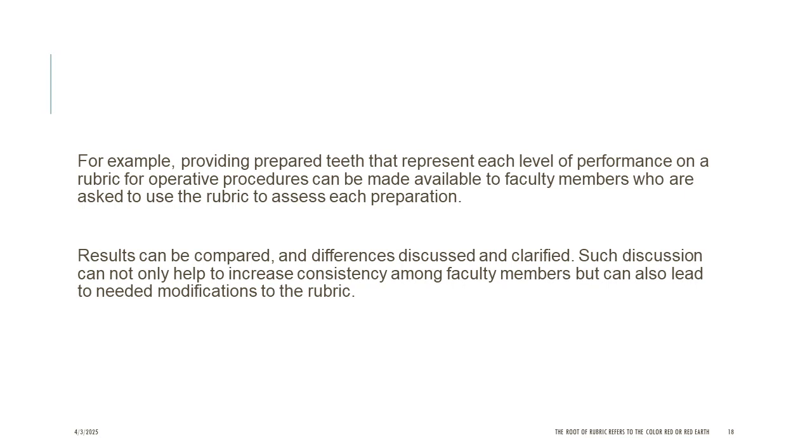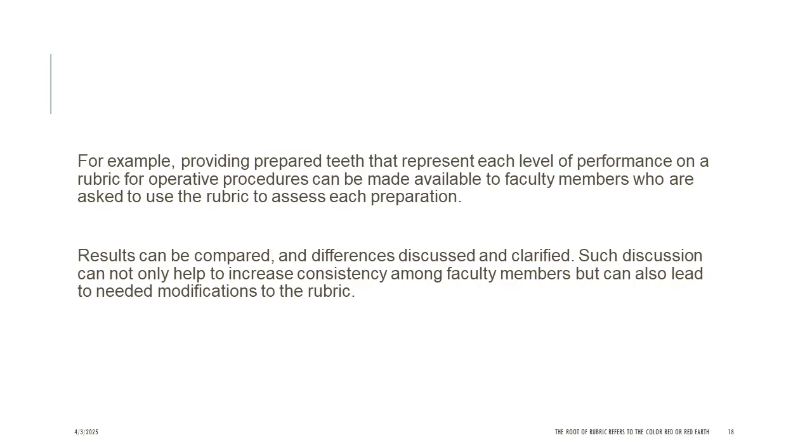For example, prepared teeth that represent each level of performance on a rubric for the operative procedures can be made available to faculty members who are asked to use the rubric to assess each preparation, and then the results can be compared and differences discussed and clarified.